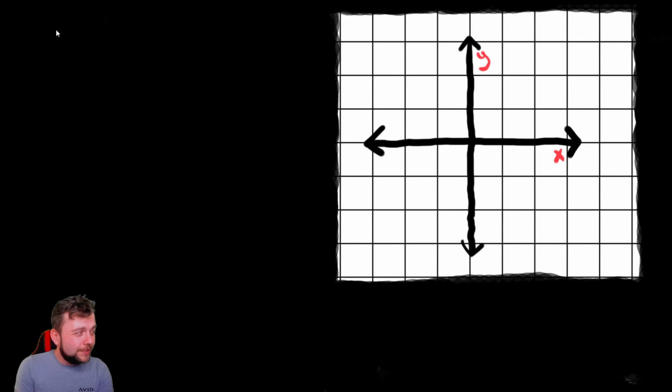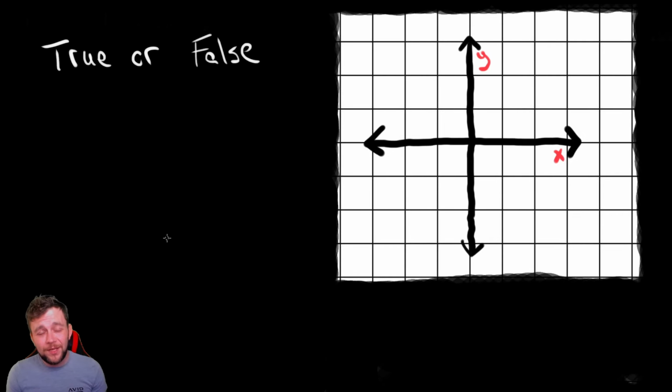So, is this true or false? Okay, so that's the question. True or false? This is technically math related. It's not going to sound math related, but think of it as a theoretical math question.